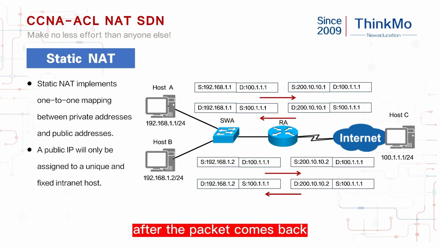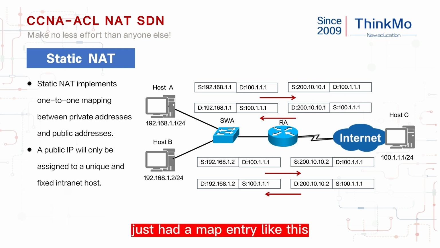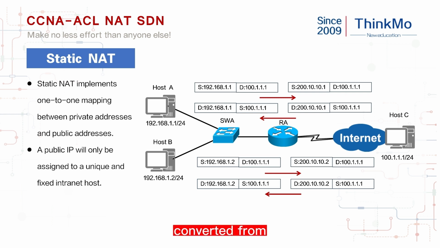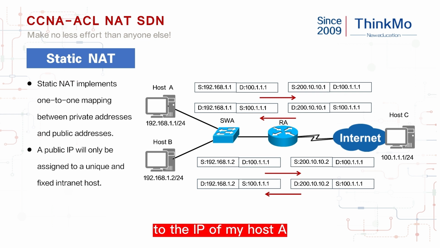After the packet comes back, this device just had a map entry like this, converted from 192.168.1.1 and this 200.10.10.1. So it will now change the destination IP to the IP of my host A, then send it back to host A. This is also the same.